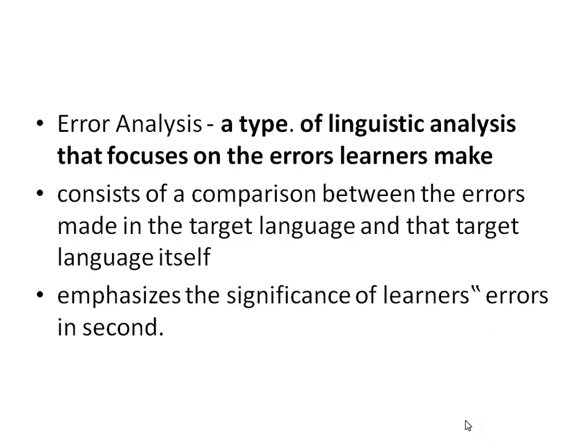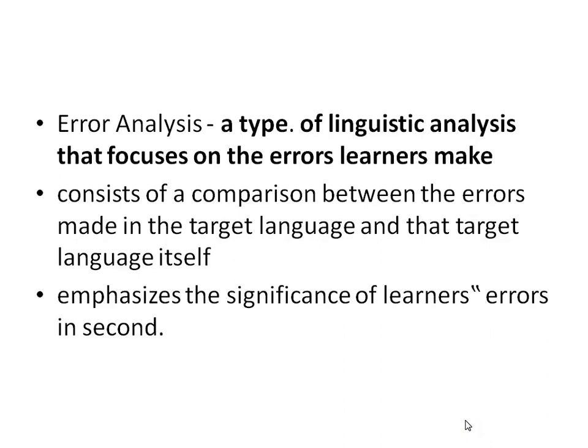And this error analysis will consist of two kinds of errors. One is errors made between the target language and the native language, and another kind of error is that within the target language.